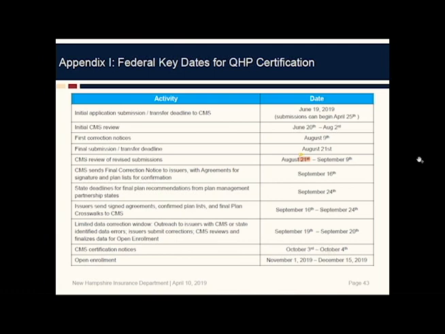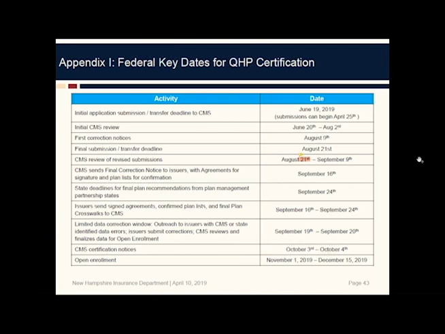CMS sends final correction notice to issuers with agreements for signature and plan lists for confirmation on September 16th. State deadlines for final plan recommendations from plan management partnership states, September 24th. Issuers send signed agreements, confirmed plan lists, and final plan crosswalks to CMS between September 16th and September 24th.